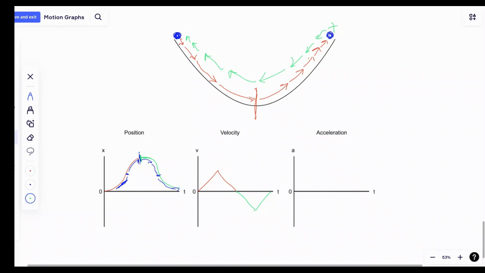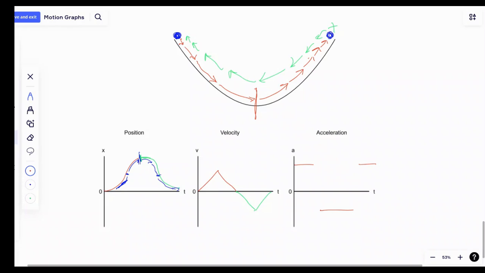So it would look like that. As far as acceleration time goes, we would get something that looks like that.